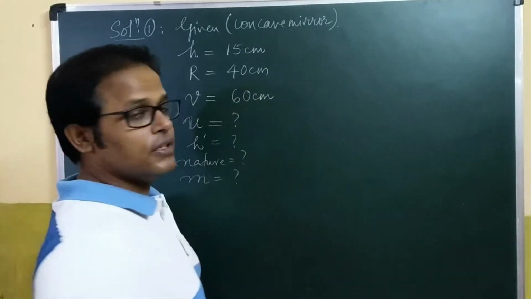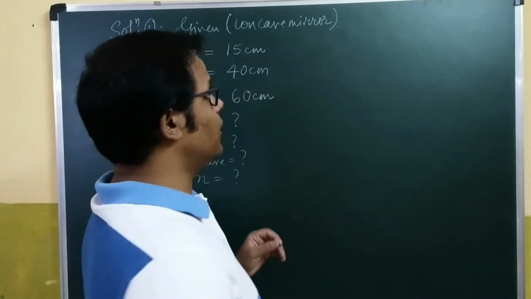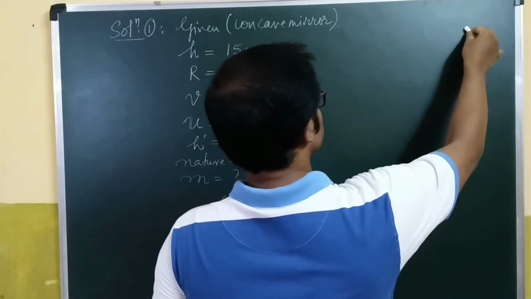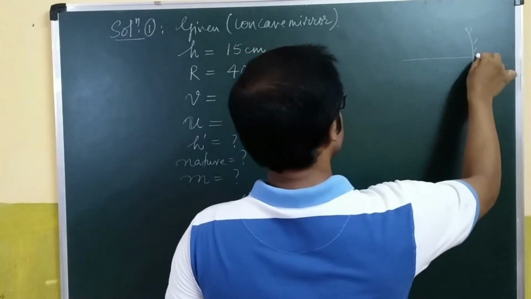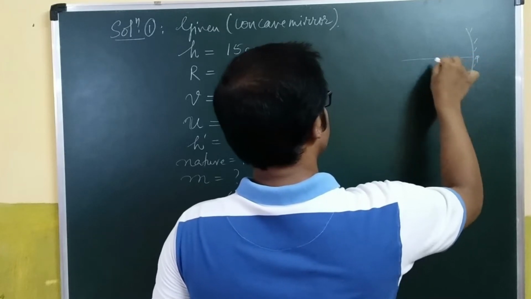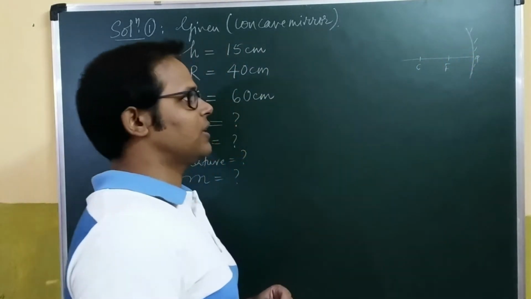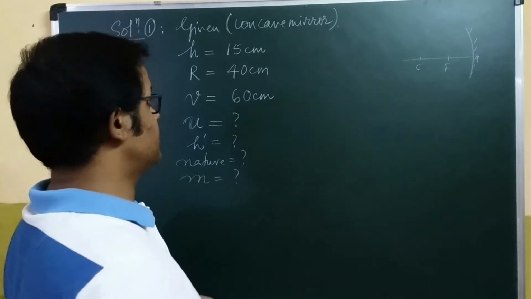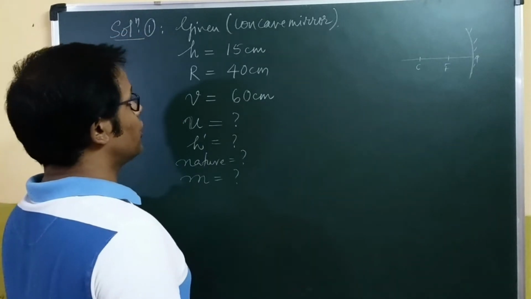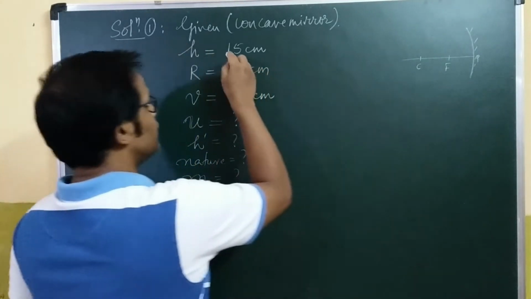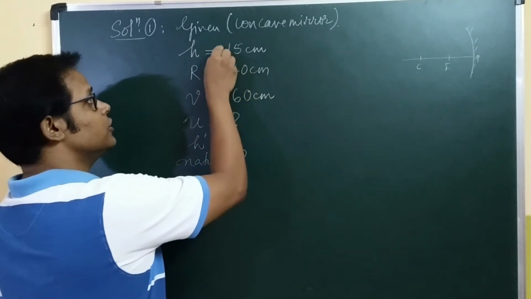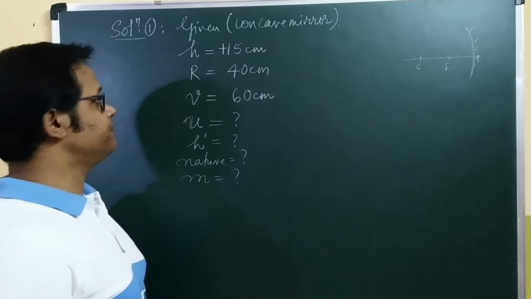Now here's a very simple and very important point, that you need to draw a small concave mirror for your clarity of sign conventions. You should be 100% sure about what kind of signs to be placed. Since you're dealing with a concave mirror, height of the object, everyone knows, should be positive.